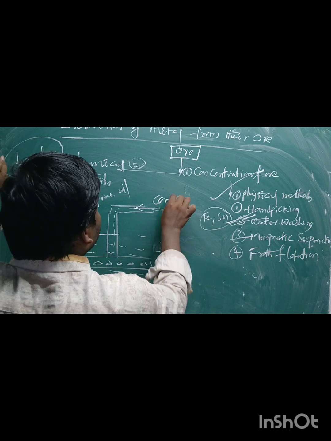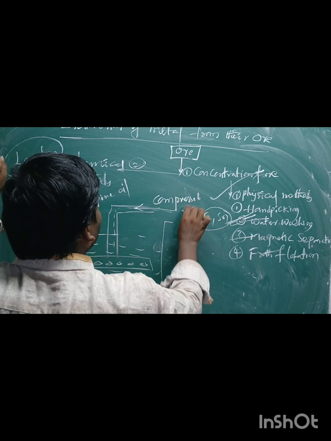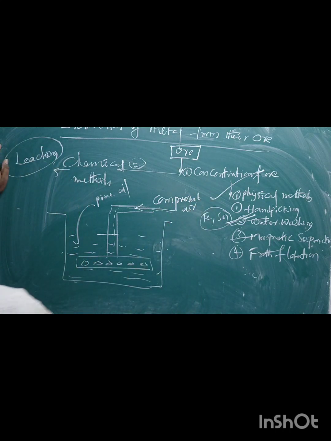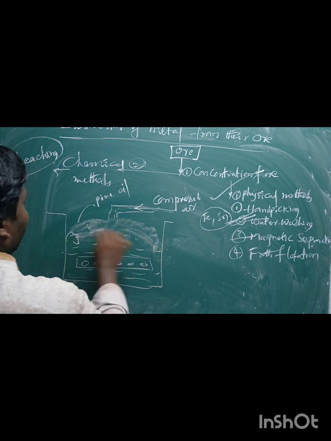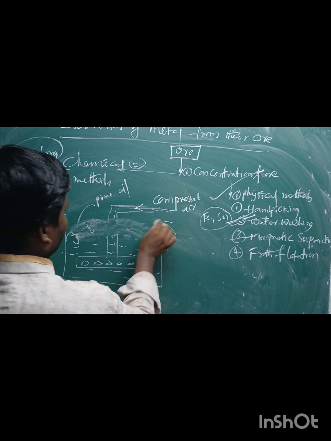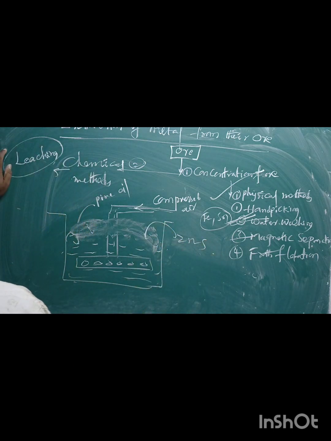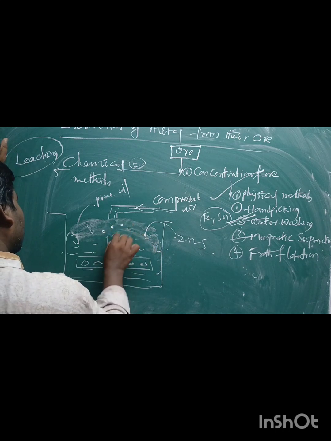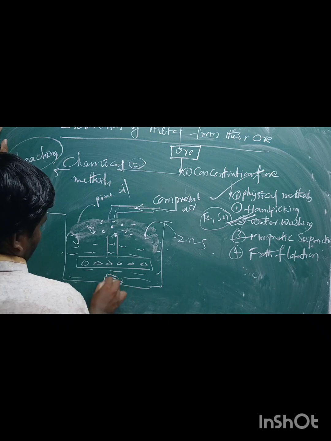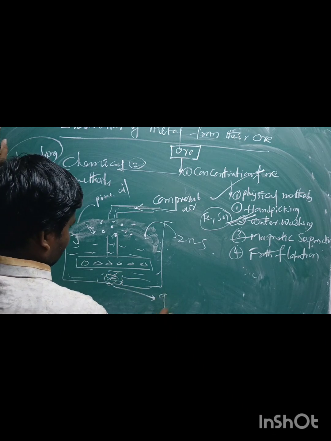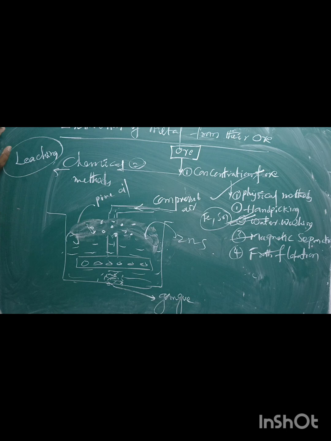Compressed air is blown into the water. The froth is formed. Now I am adding low grade sulfide ore like zinc sulfide. The low grade sulfide ore particles are attached to the froth. Impurities, the gangue particles, settle at the bottom of the container. In this method, we can separate the sulfide ore particles.